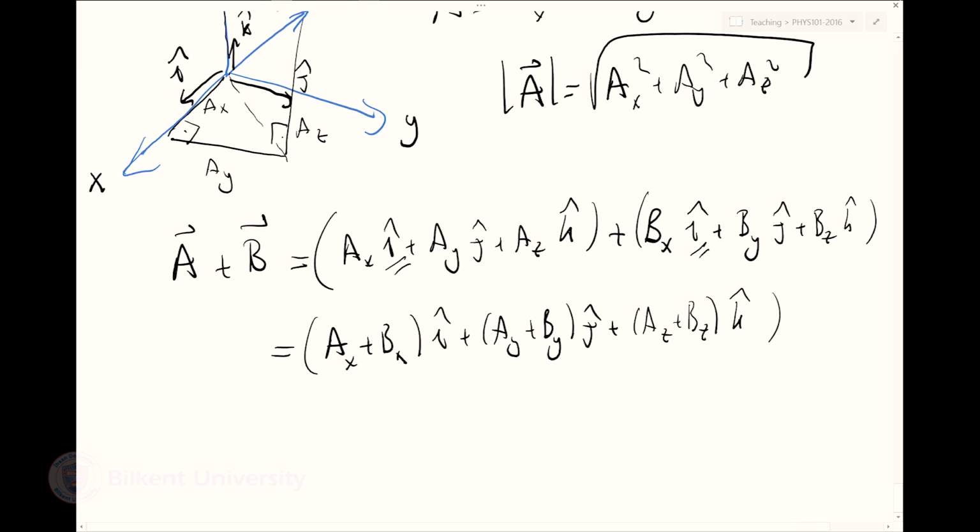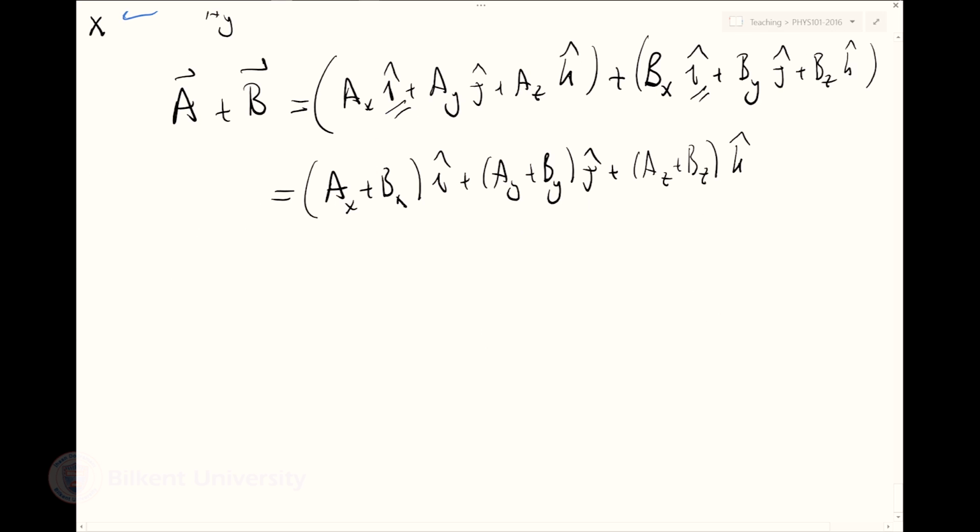Similarly, if I multiply a vector by a number, I'm just multiplying all of the components of that vector. All right. Now, adding my vectors or subtracting them or multiplying them by a scalar is easy.